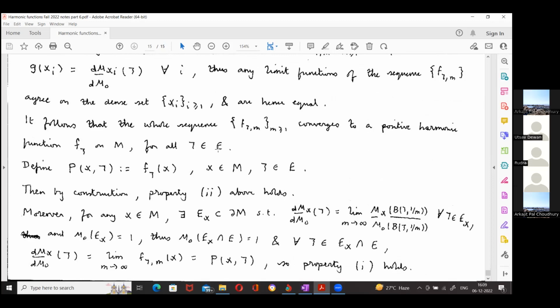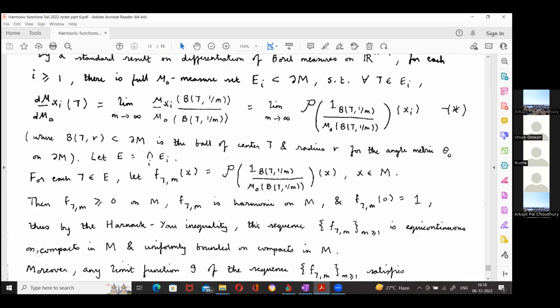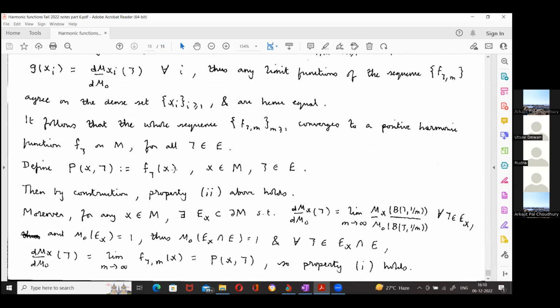So this is now defined for all xi in E. Now we define our function p of xi as f sub xi of x, where x is in M and xi is in E. So this is defined on M cross E. Then by construction, property 2 holds: for all xi in E, p of xi is harmonic on M, because for a fixed xi, f xi is a harmonic function of x.